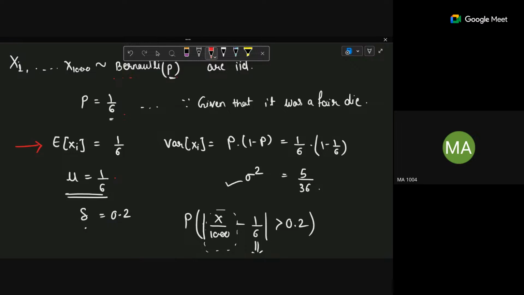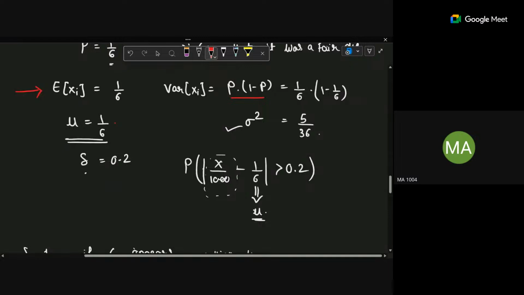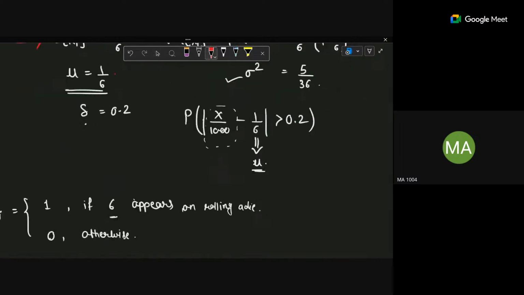For the Bernoulli random variable, the mean is P and the variance is P into 1 minus P. Done with that. Then we have to clarify that X by 1000 is nothing but the sample mean.